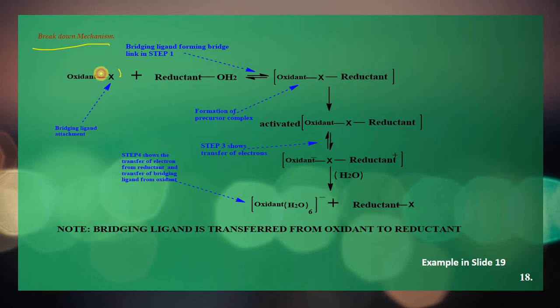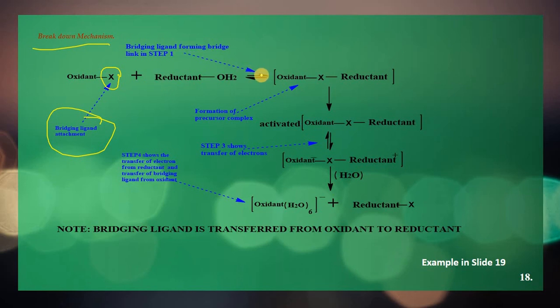So this is the bridging ligand attachment. Our aim here is to move the bridging ligand from here to the reductant, and exchange the ligand from here to here. We call this bridging ligand attachment. When they come together, this is step one.